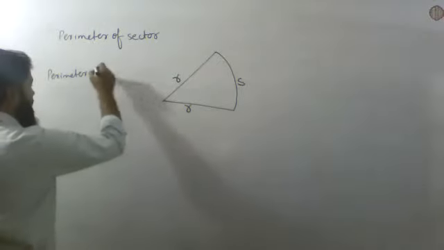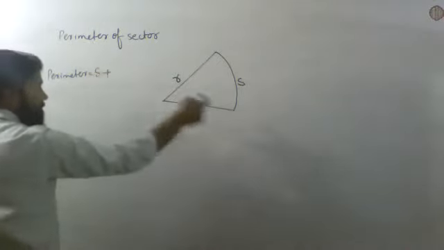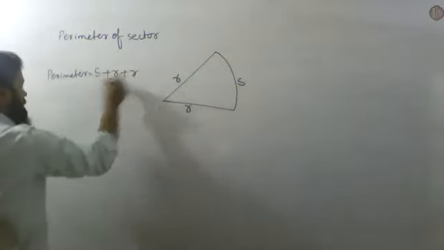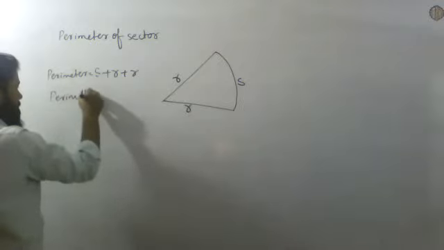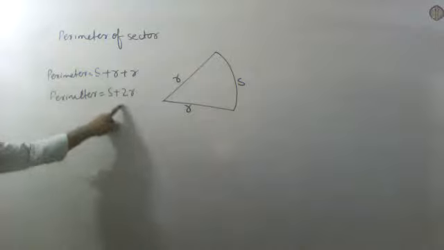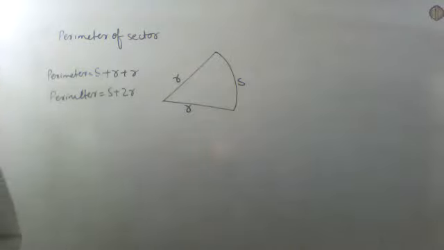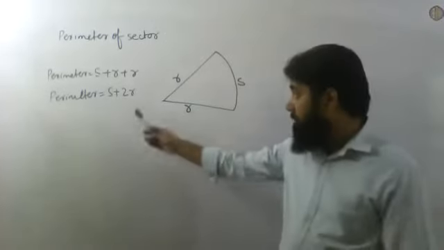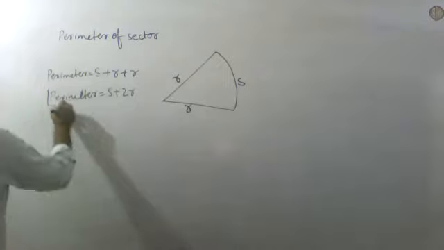So over here it will be S, this one, plus R plus R. So perimeter will be equal to S plus 2R. This is in case you have radius and arc length both. If radius and arc length both are given, you will use this formula to find the perimeter.